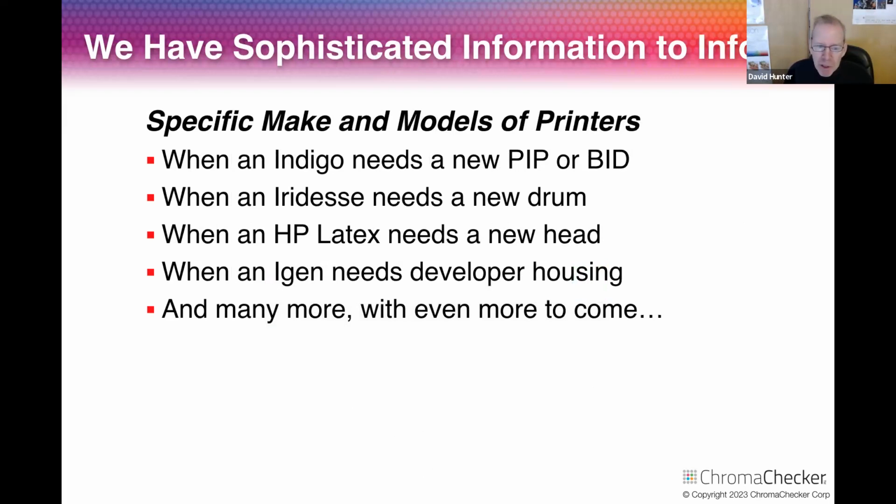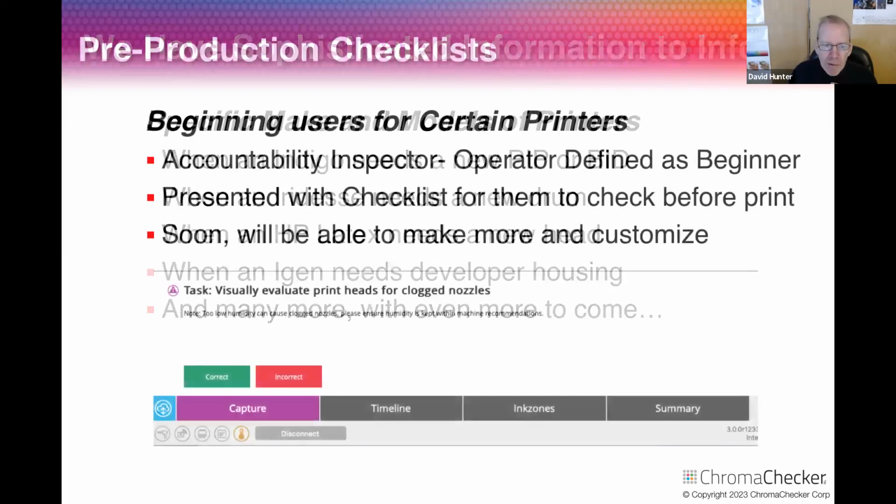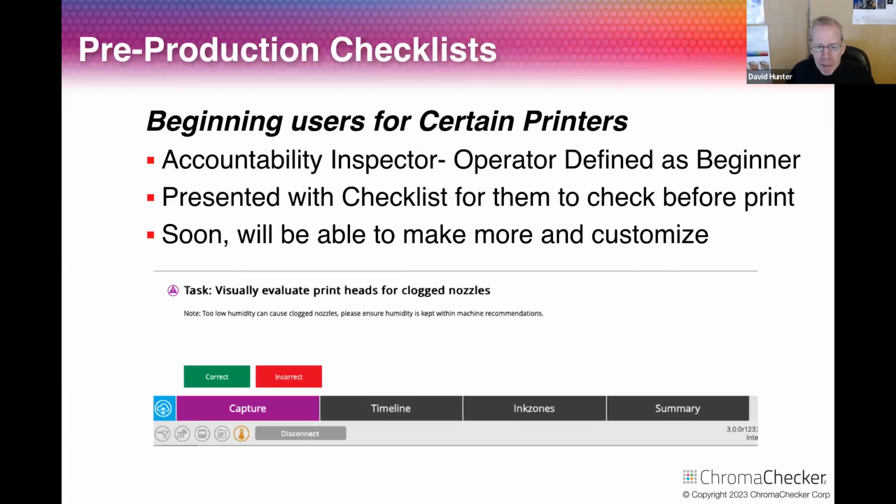We've got this information already on some different types of devices, and it can only be more and more powerful. So please continue to give us data and help us make this really intelligent print quality system for users.